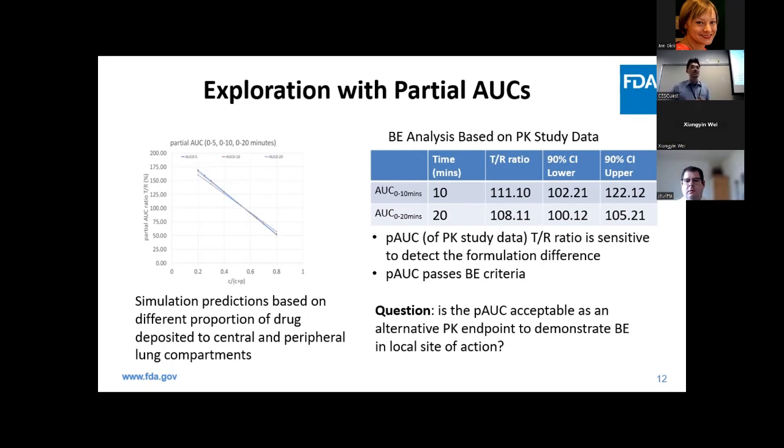We are really happy for you to come very early on and provide information that we can discuss, in the hope that we can finalize partial AUC as an alternative method, and then provide the information either in the PSG or in any guidance for future development.